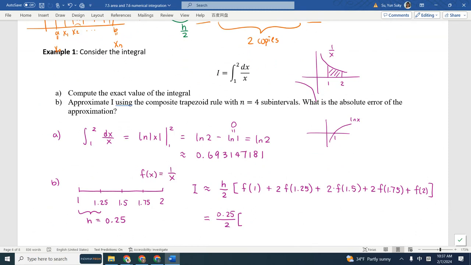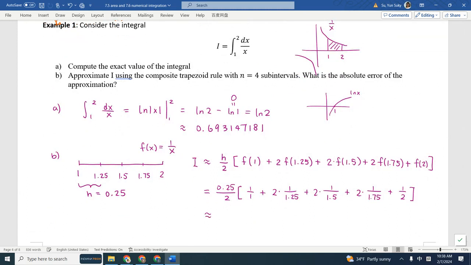So f of 1 is 1 over 1, and then 2 times f of 1.25, so 1 over 1.25, plus 2 times 1 over 1.5, plus 2 times 1 over 1.75, plus 1 copy f of 2, which is 1 over 2.